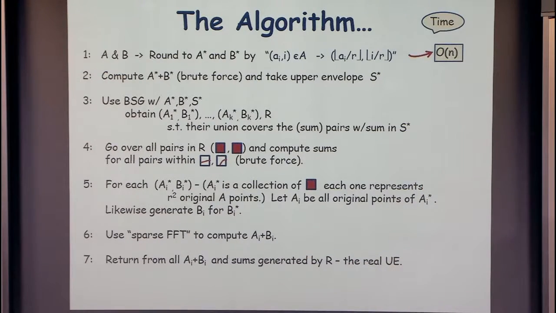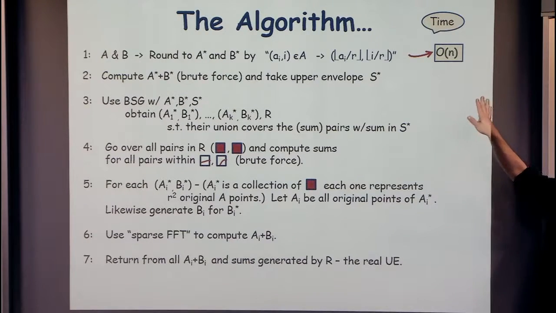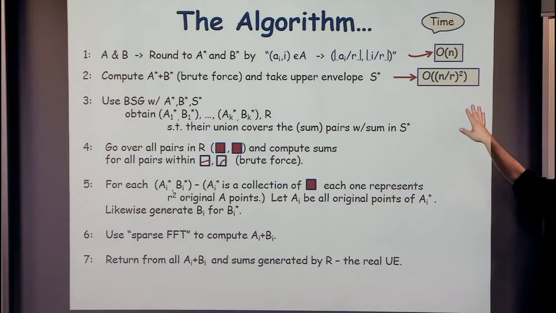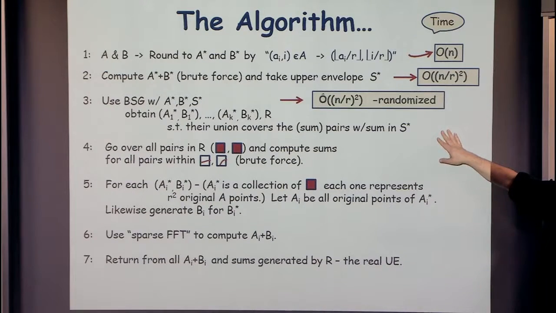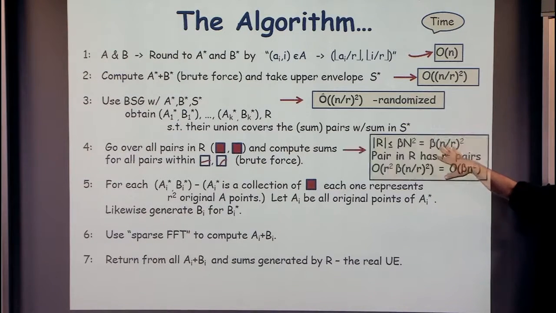So what's the time for this? Rounding down is order of n time. That's not a big deal. Computing this by brute force is n divided by r squared. Using the BSG theorem, we do it in O tilde of n divided by r squared time, because it's for the rounded down version, so we can compute the S star version.